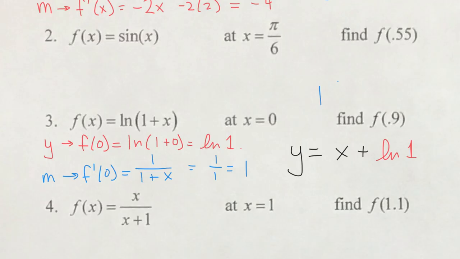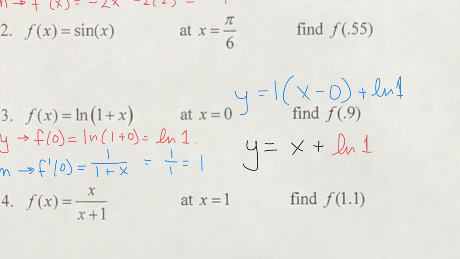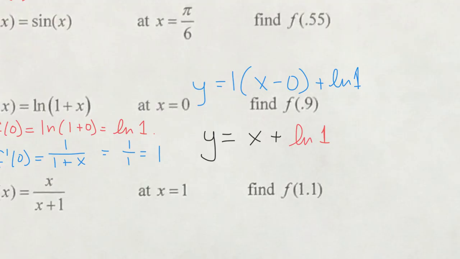Right, so I had 1 as the slope, x minus 0 plus the natural log of 1, right? That's formal. If you wrote it like that, that is still 100% correct. Okay, but when we simplify, x minus 0 is just x, and times 1 is just x, so x plus natural log of 1.